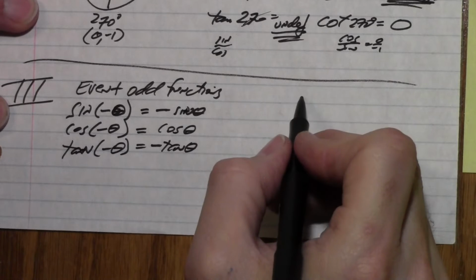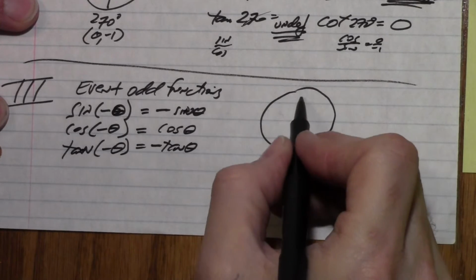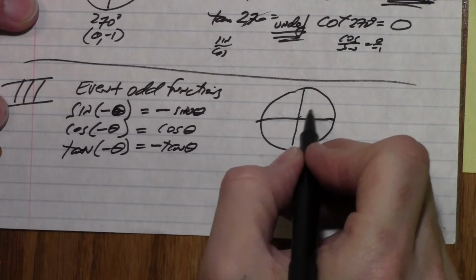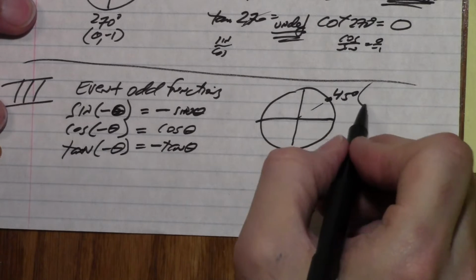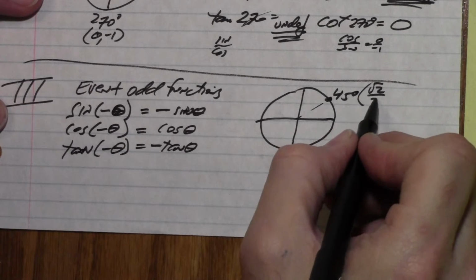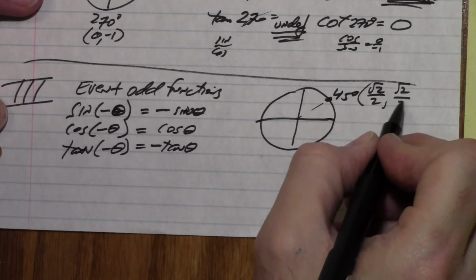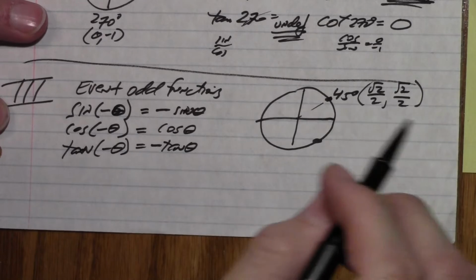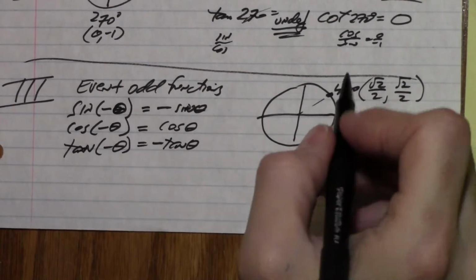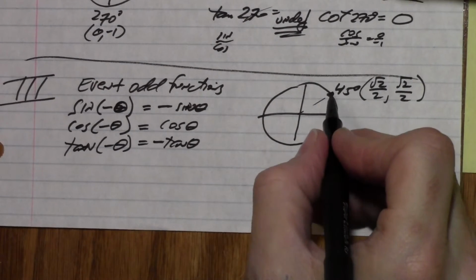Here's why. Let's take a look here at a unit circle and at 45 degrees. So at 45 degrees we have root 2 over 2 and root 2 over 2. Well, let's come down here to this one. Let's take the negative 45. This is 45.